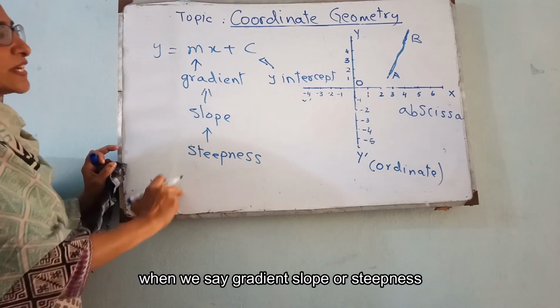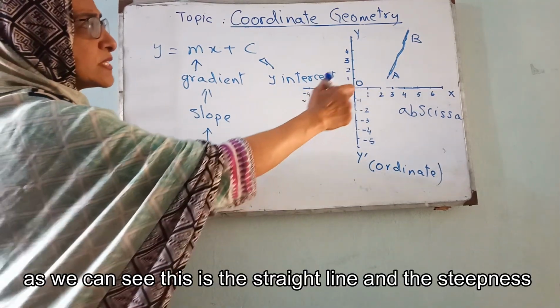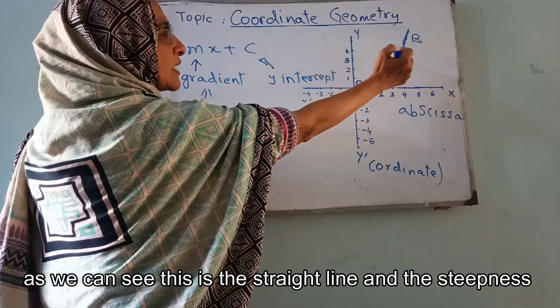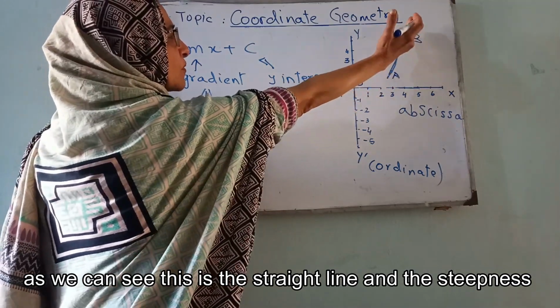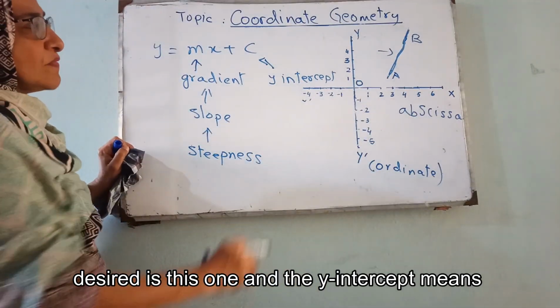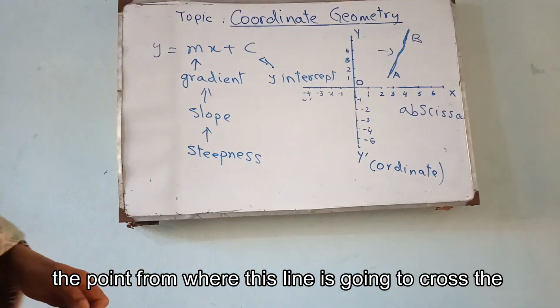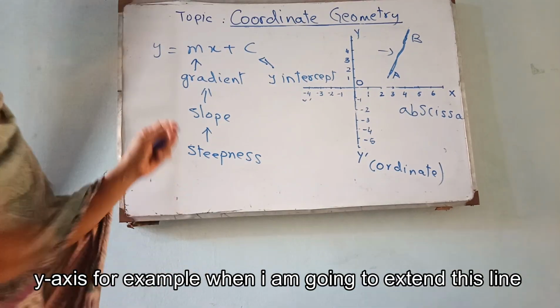When we say gradient, slope or steepness, for example, you can see that this is a straight line and this is the steepness of this line. And the y-intercept means the point from where this line is going to cross the y-axis.